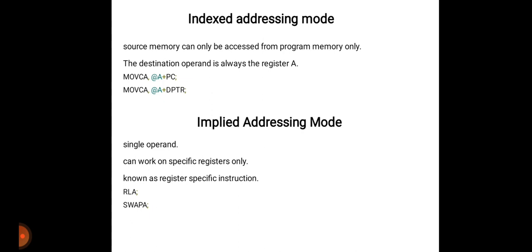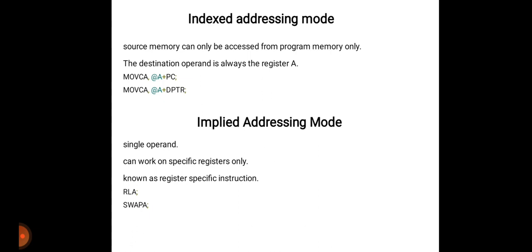Then the next one is indexed addressing mode. In this mode, the source memory can be accessed from the program memory only, and the destination operand is always register A, so we can store the result in A only. Some examples are MOVC A, @A+PC, where PC is the program counter, and MOVC A, @A+DPTR.